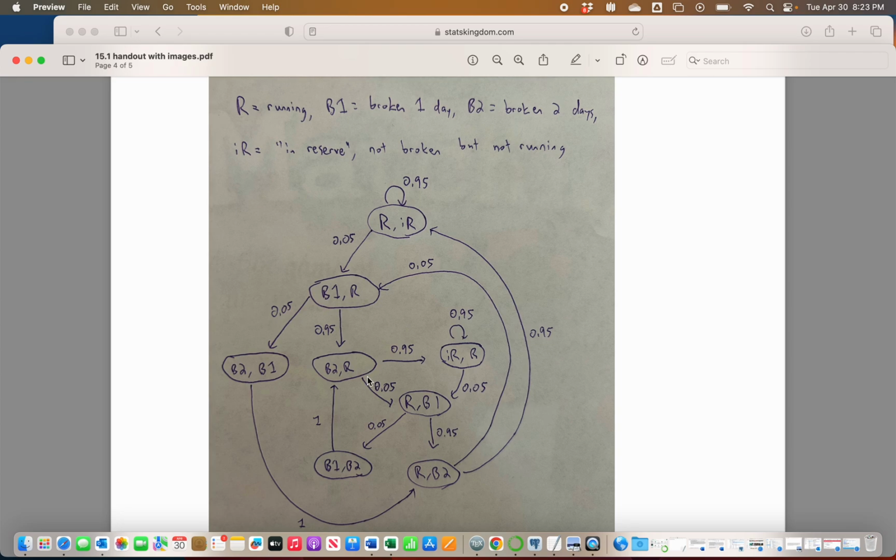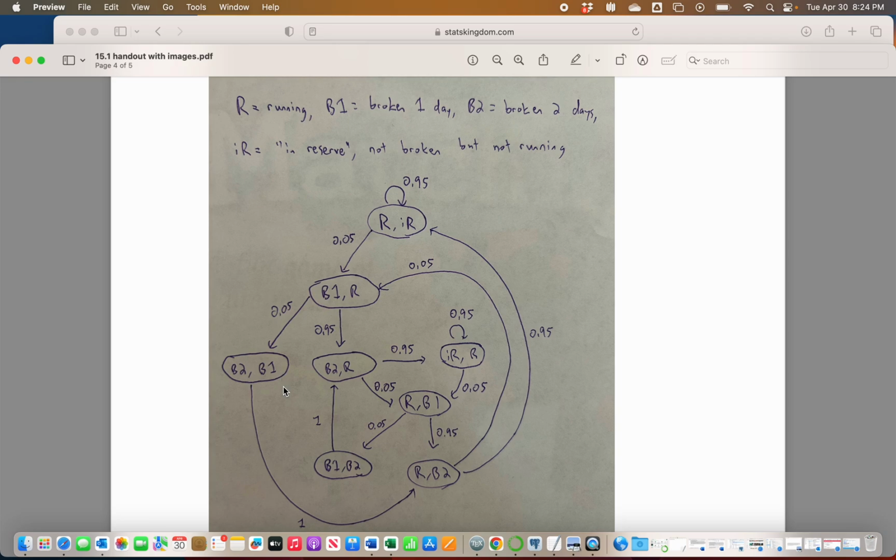And so notice here, okay. From this state here, machine 2 running, machine 1 been broken for a day, there's a 95% chance that machine 2 keeps running, but there is a 5% chance that machine 2 breaks also. So we get a state that looks like this, where they're both broken, like they're both being repaired, but machine 1 is in its second day of repairs, whereas machine 2 is in its first day of repair.